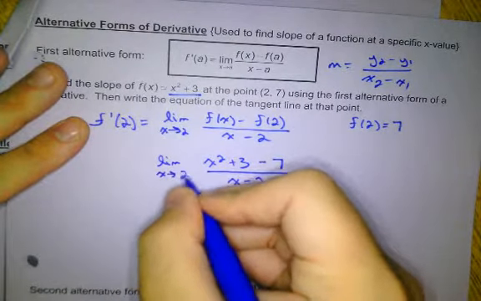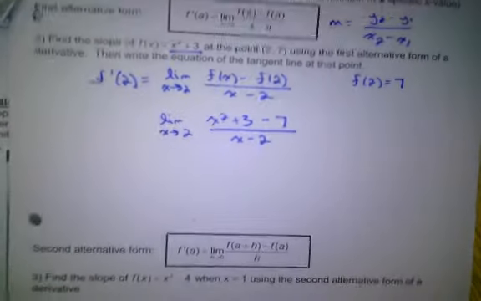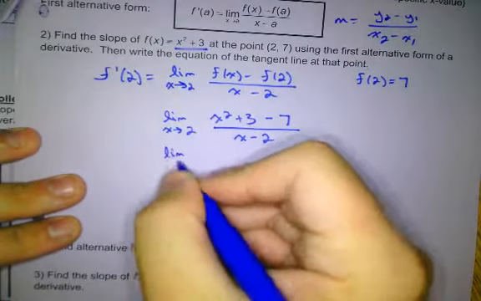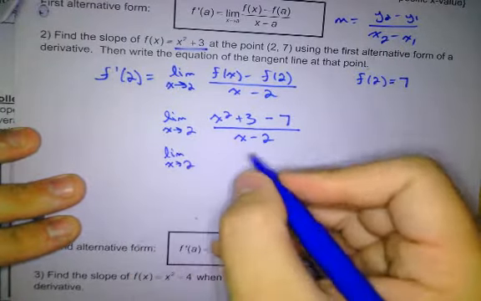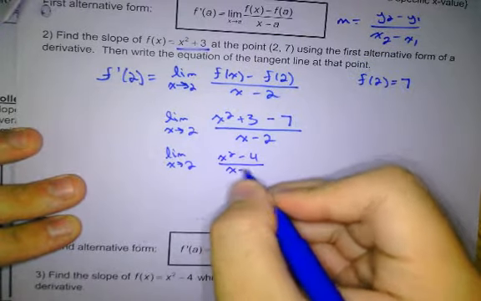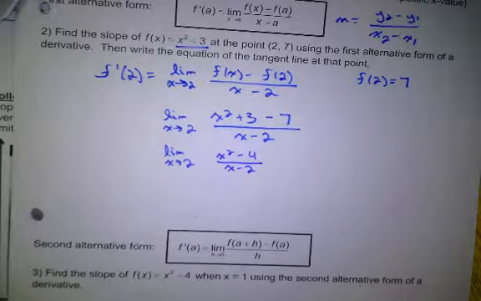Doesn't this look like a problem we've done before at this point? If I gave you this question on your test, you should be able to figure it out. So x squared minus 4 over x minus 2. How does x squared minus 4 simplify?